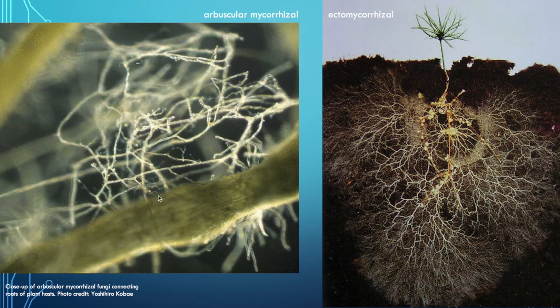This is the arbuscular mycorrhizal hyphae extending from a plant root, and this is the ectomycorrhizal association. And you can see very well here how these three roots that are quite small on the seedling are completely colonized and really embraced by this mycorrhizal network, the ectomycorrhizal fungal network.